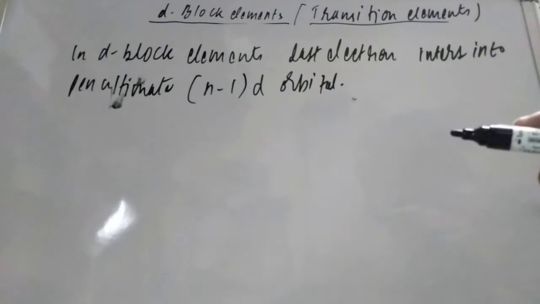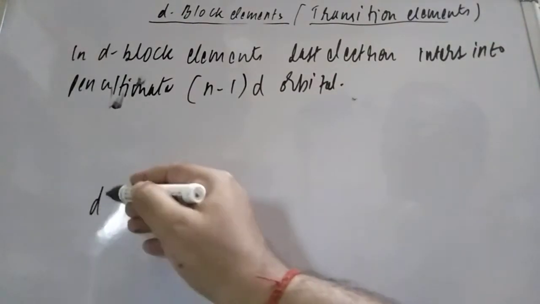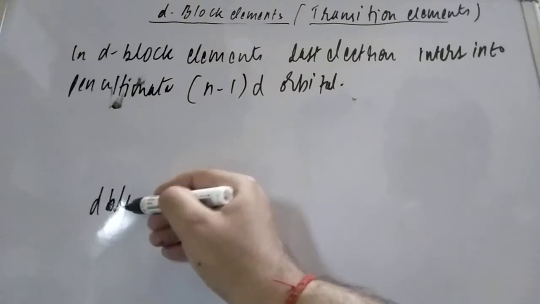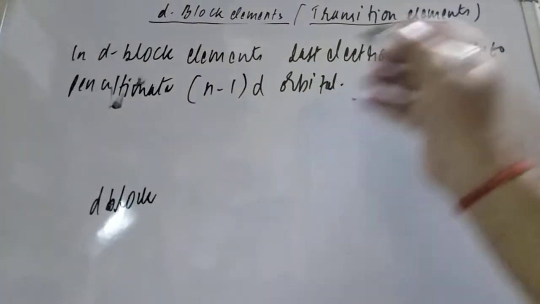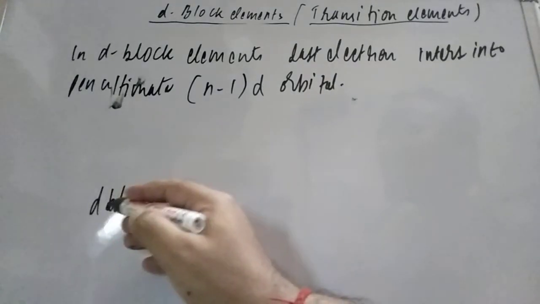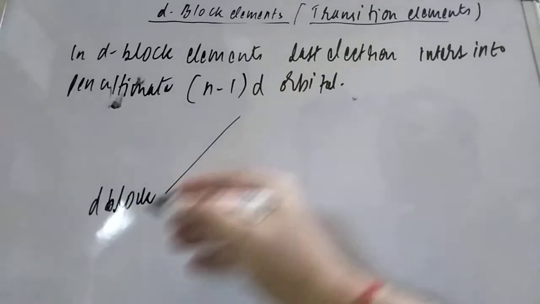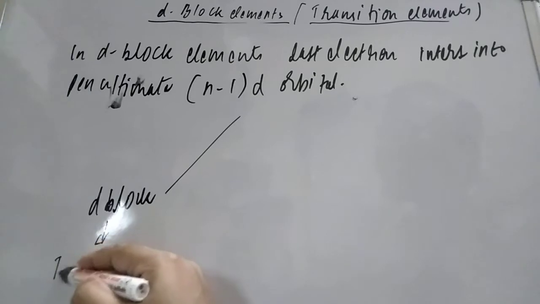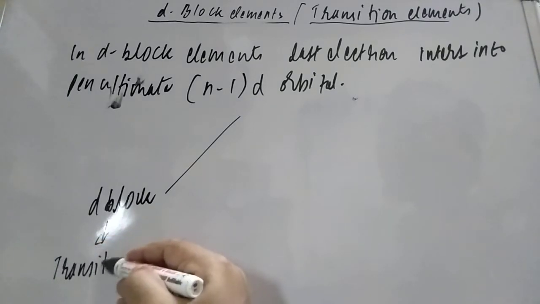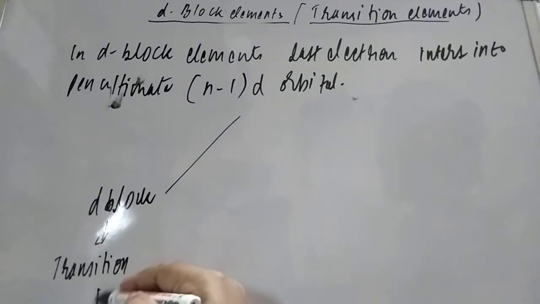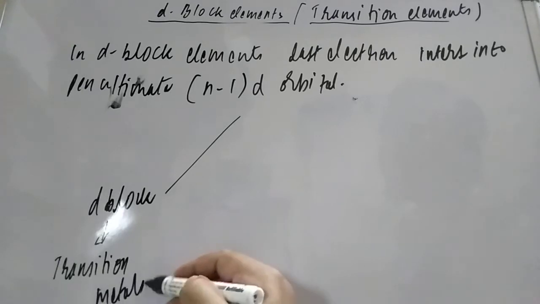Now why are the D block elements also known as transition metals? Transition element or transition metal: why are they known as transition metals?